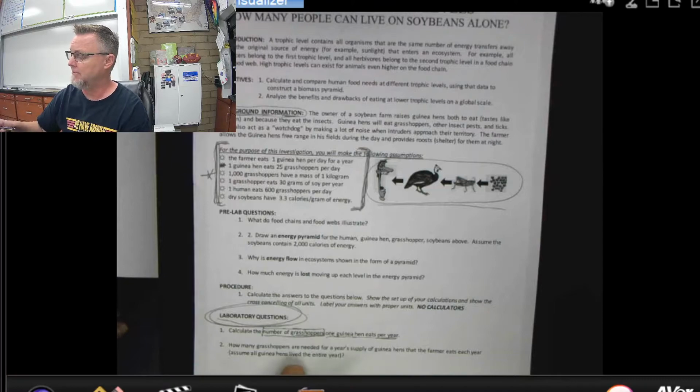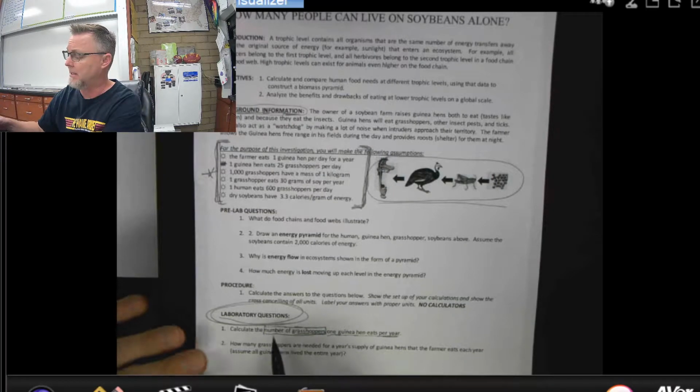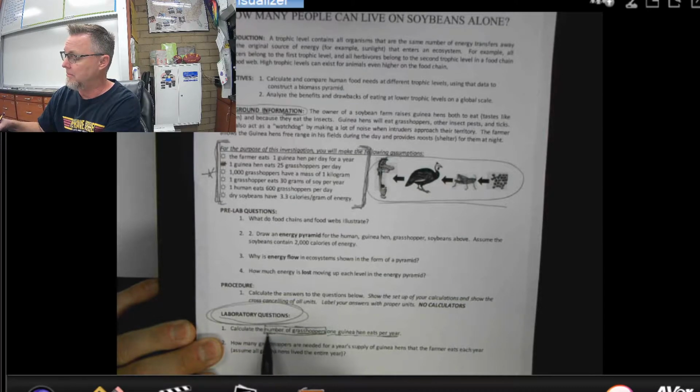So the first question down here at the bottom says calculate the number of grasshoppers one guinea hen eats per year. Remember, when you're doing dimensional analysis, you want to make sure that you always know what you're starting with and where you're going to go. So we're starting with one guinea hen, and we want to know how many grasshoppers it eats in a year.